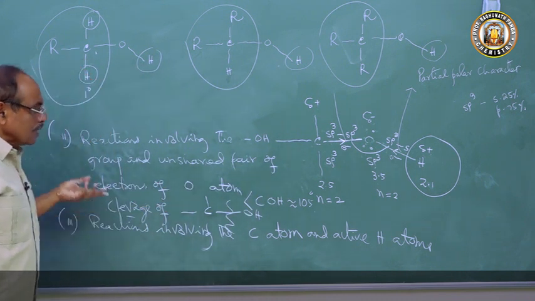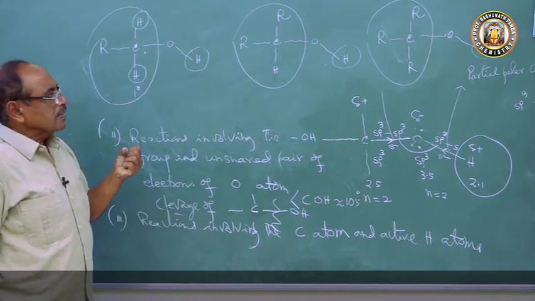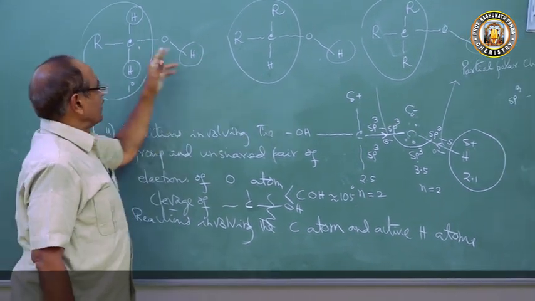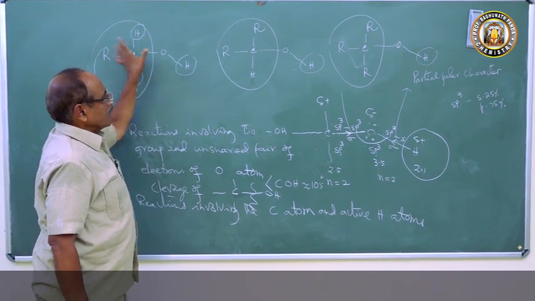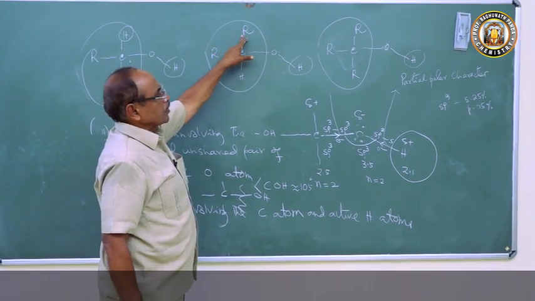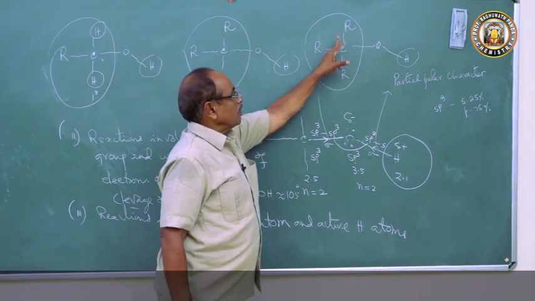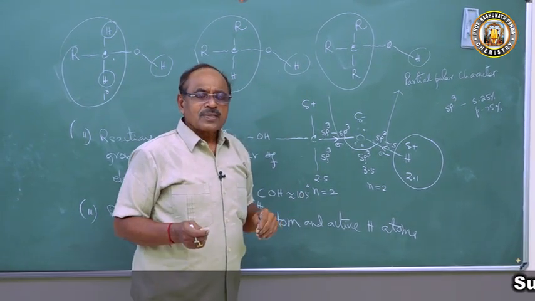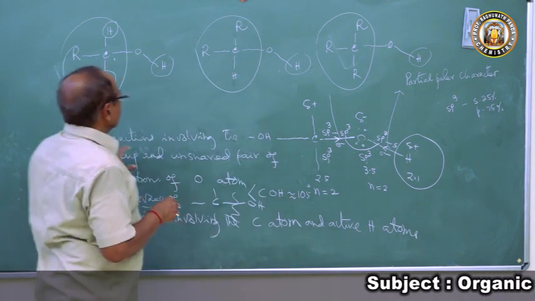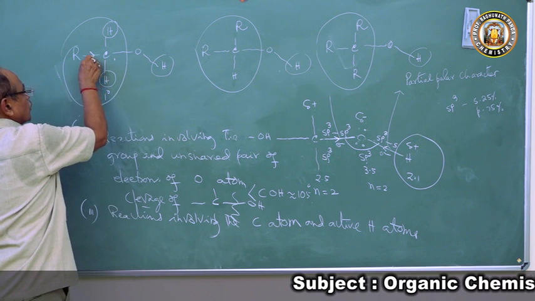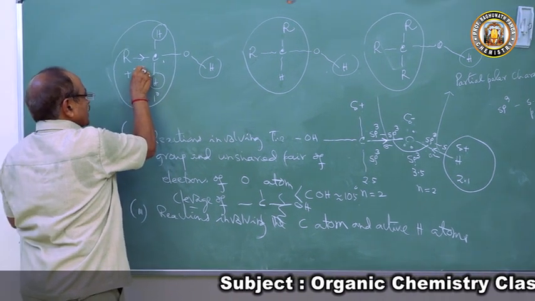Now, when you come to the third type of reactions involving the carbon atom, in primary alcohol there are two active hydrogen atoms and one alkyl group, in secondary one active hydrogen atom and two alkyl groups, and in tertiary no hydrogen atom and three alkyl groups. What are alkyl groups? Alkyl groups are electron releasing groups, so there is a +I effect.